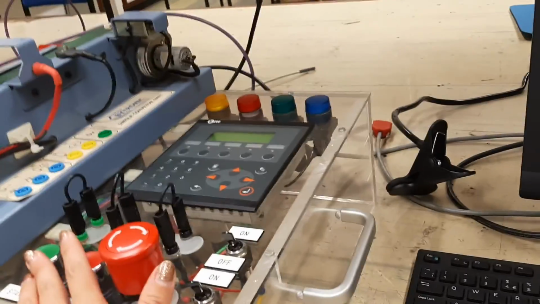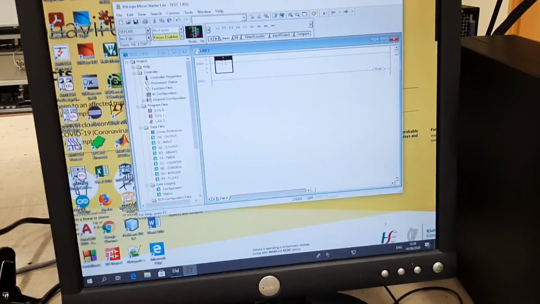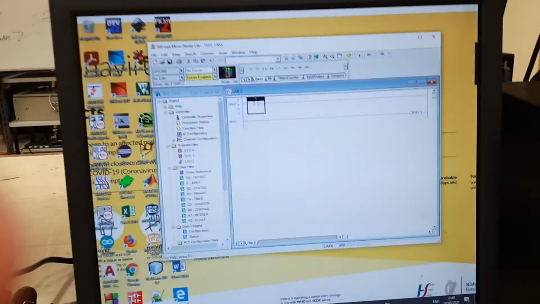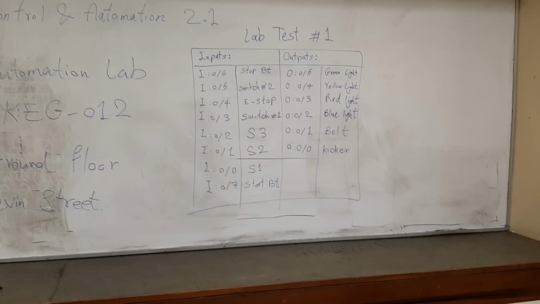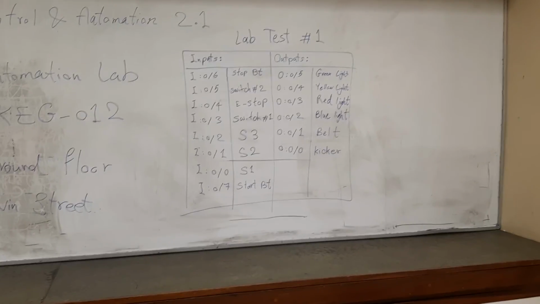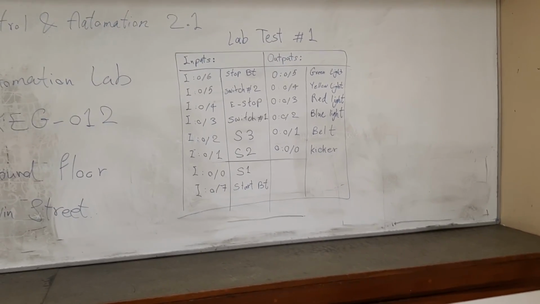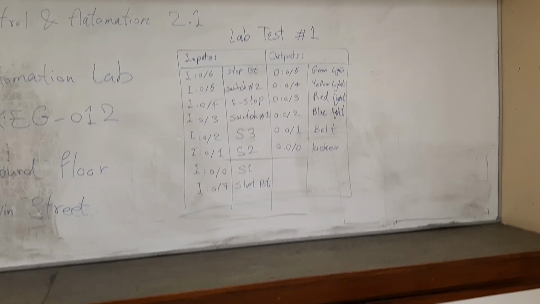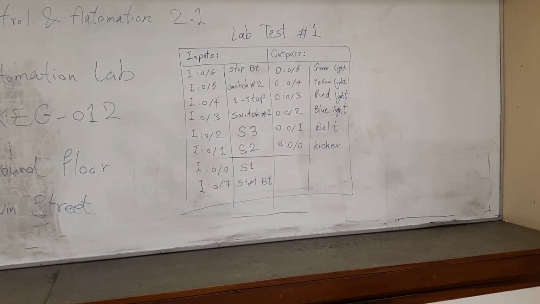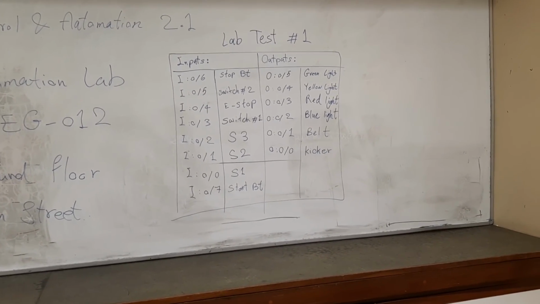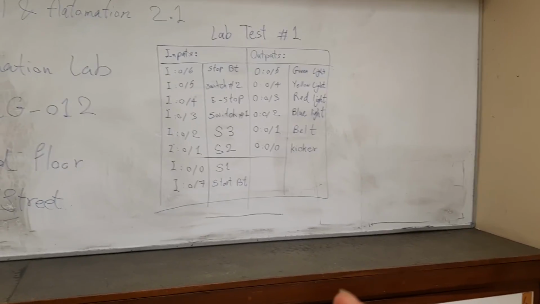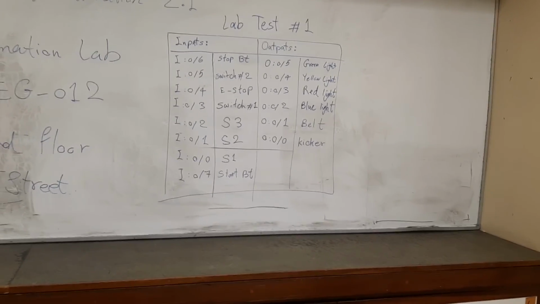For now, I'm going to use the table that I have from before, and I'm going to select the proper address. That table shows that the start button has the address I0/7. That's the very last one on the input side.